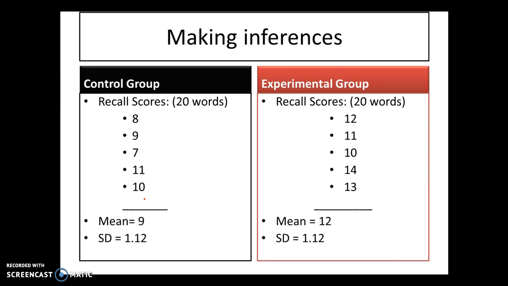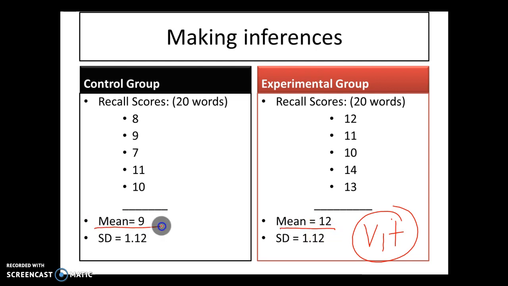So let's just say we have two groups here and we're doing a test on memory, right? And we want people to recall words. And perhaps we're giving this group some type of vitamin and we're giving this group nothing, or a placebo. So remember that we really want to figure out, did our vitamin therapy actually influence the results we're seeing?